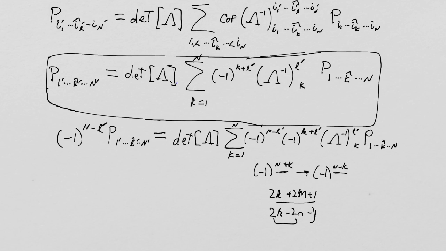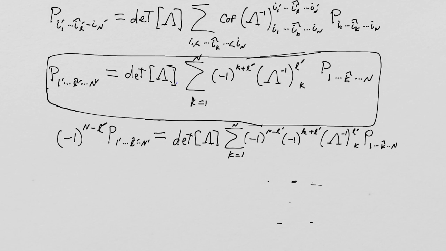And you can work it out that these two are always going to be the same. And so we're going to change it to n minus k. In other words, we're going to combine them, where the L primes cancel, so you're left with n plus k, and then you just change that plus to a minus arbitrarily because you want it to be a bit symmetrical.